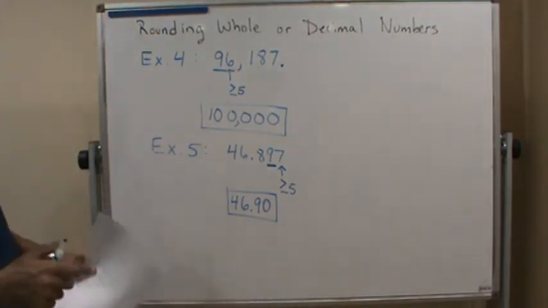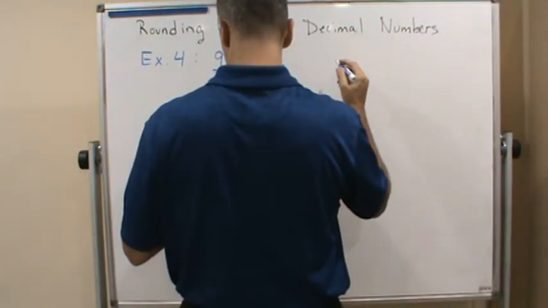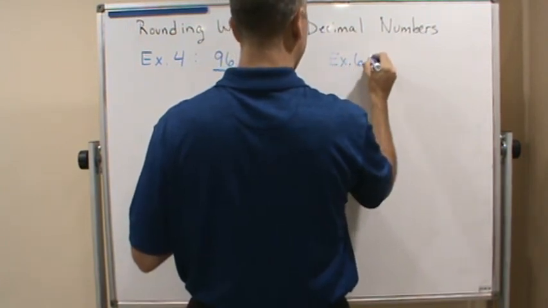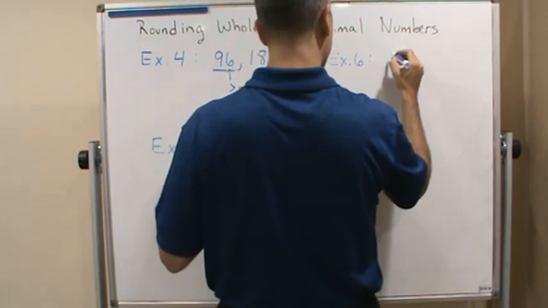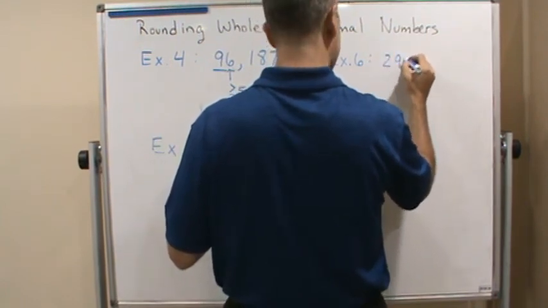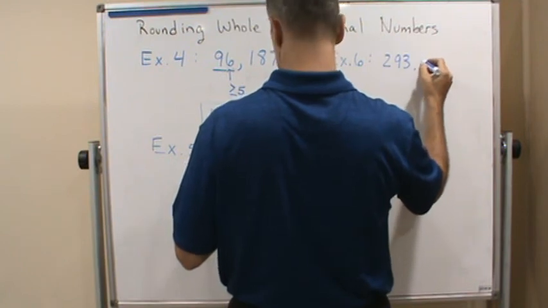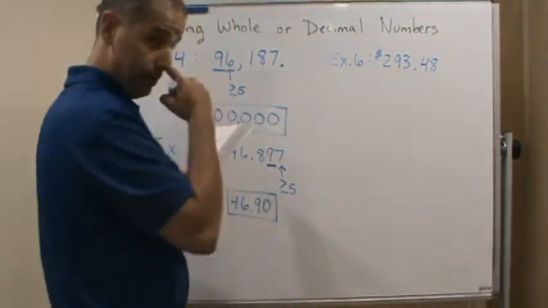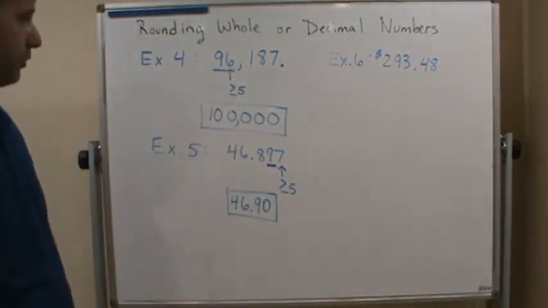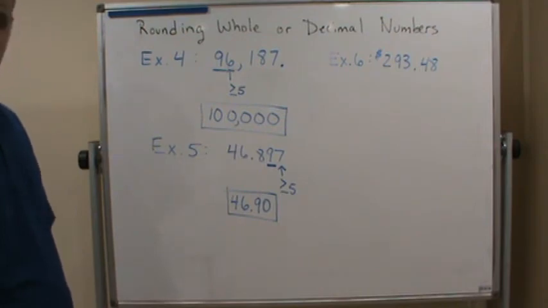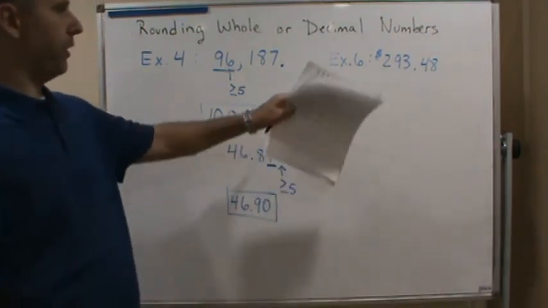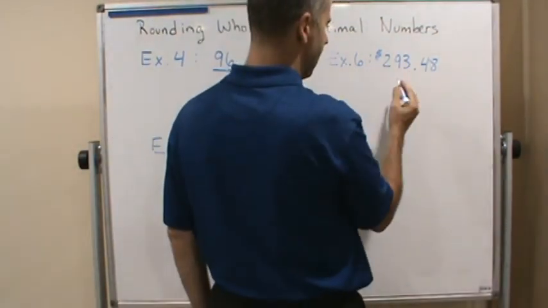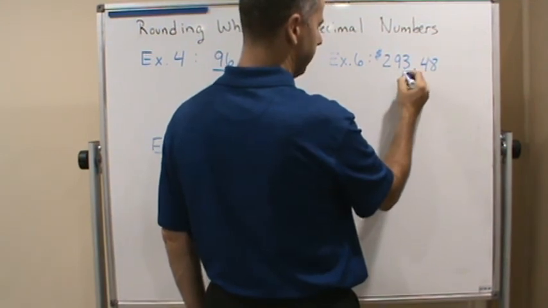Okay, so let's do another example. Let's say we have an application type problem. In today's day and age, money or finance is done electronically, digital, right? So let's say we want to round this number to the nearest dollar. That means we're going to focus on this one, so that's where we're rounding.